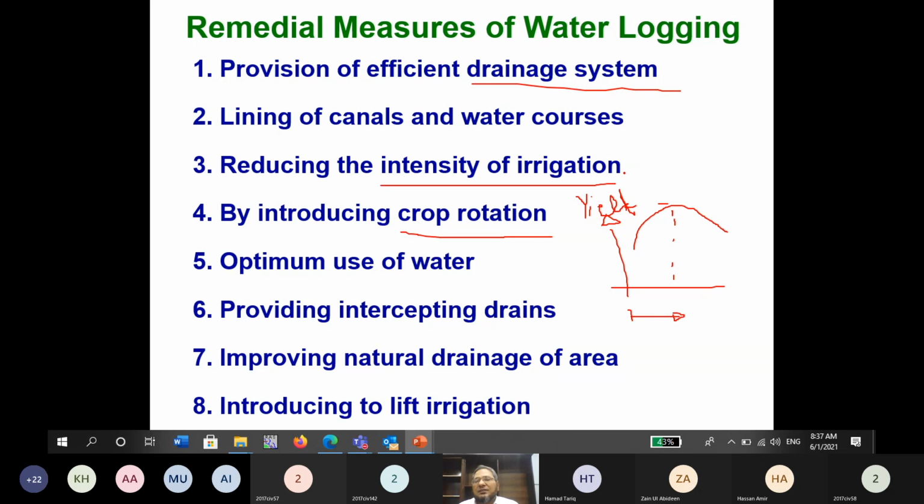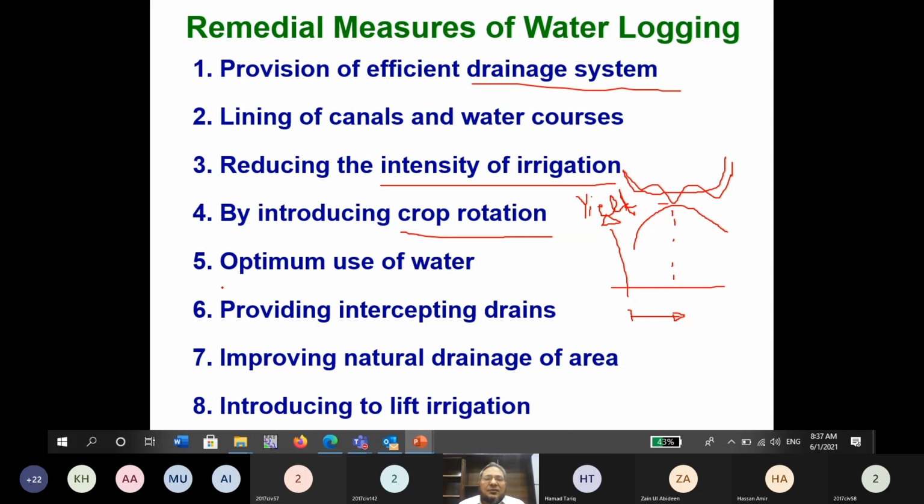This is the optimum yield. If you use more water or less water, in both cases the yield is reduced. So this is how you can do it.